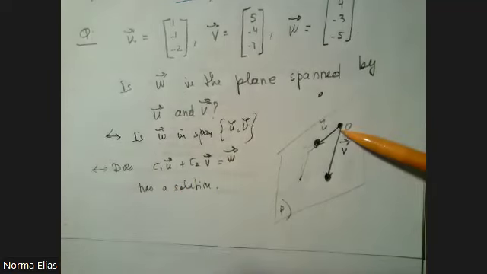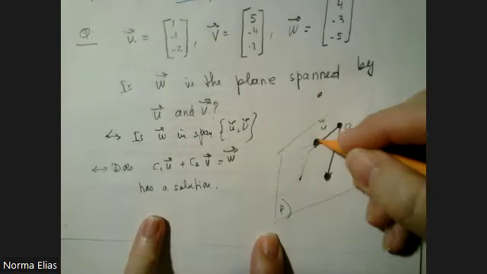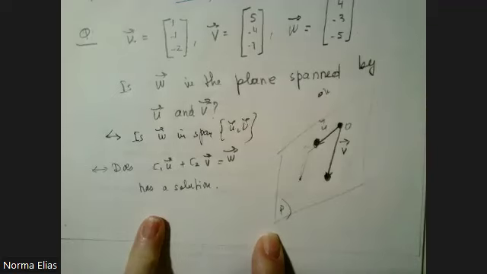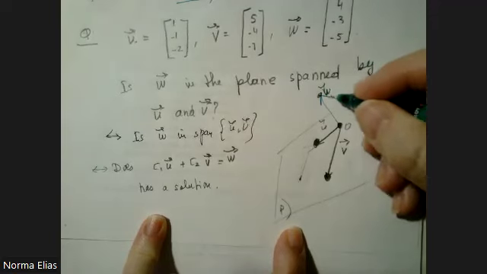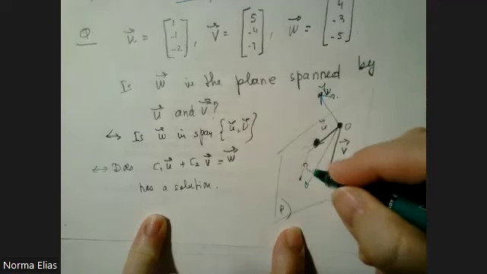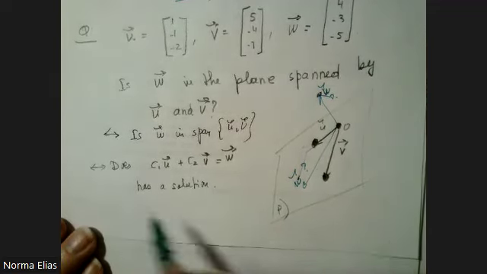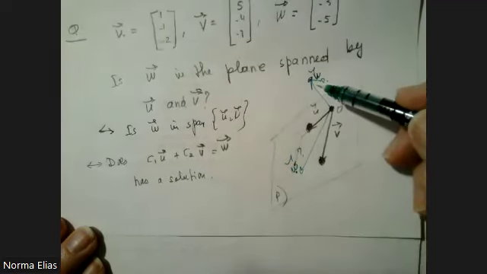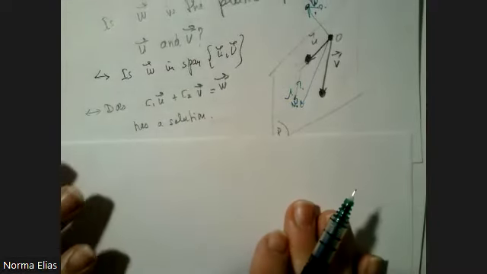So the span of U and V is this plane containing that point and that point. Now I have a vector W, and the question is the following: is W outside the plane or somewhere in here? It means, basically, can I write it as a combination? If I can, W is here. If I can't, W is outside. So we solve this very quickly, and then we proceed.